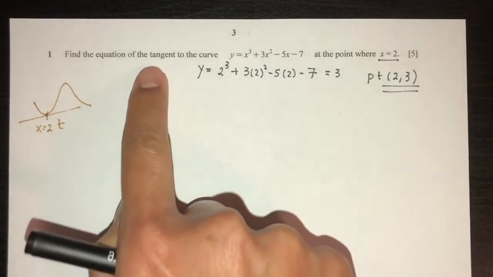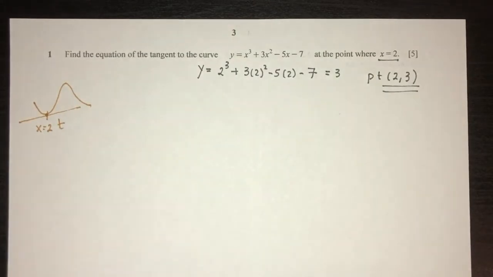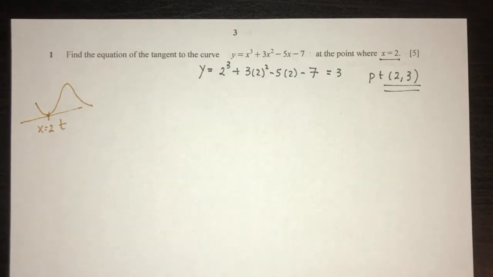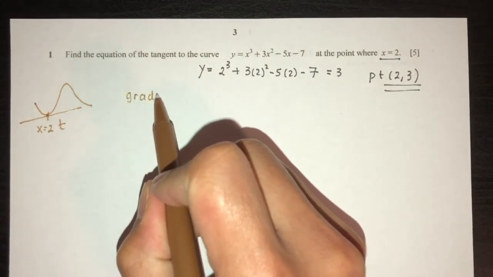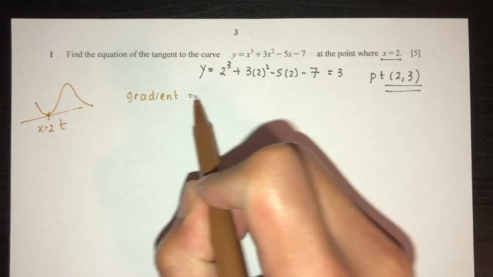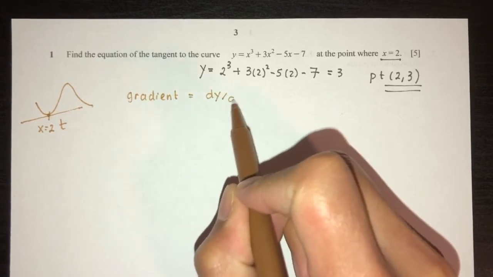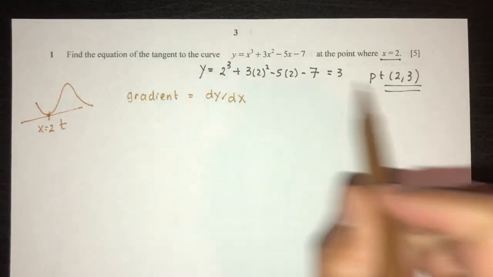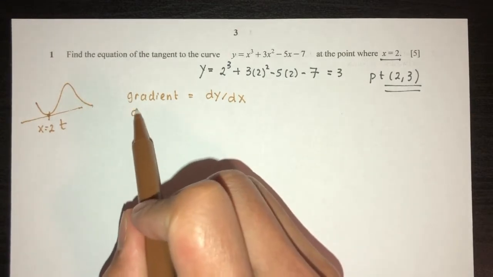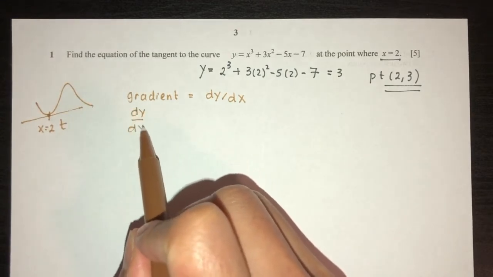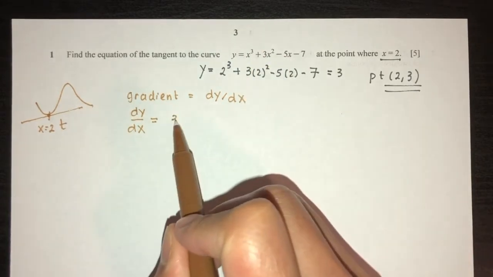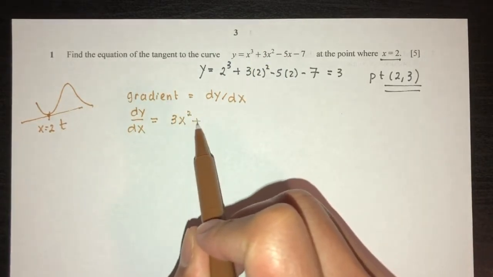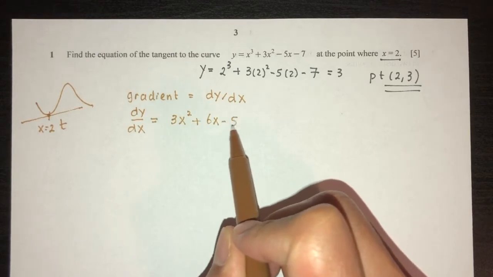Now the next thing is, if you want to find the equation of a line, we have to first find the gradient of that line. So gradient of tangent, you guys must know by now, is equal to dy by dx. So you have to find dy by dx at this point. First, let's find dy by dx. That is equal to what? One by one, the first one will be 3x squared plus 6x minus 5.